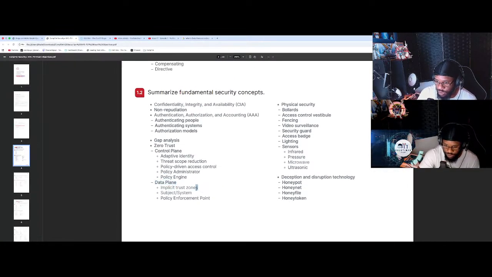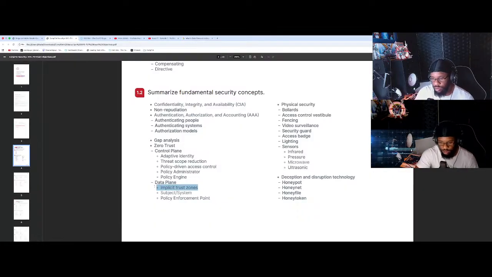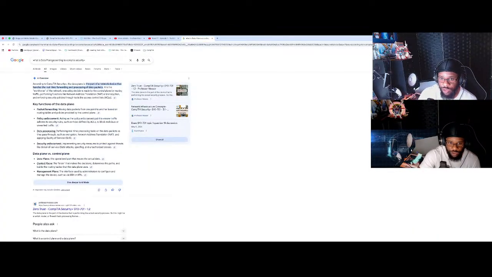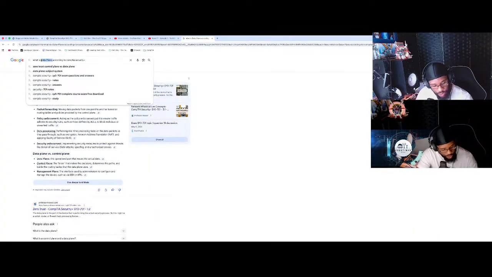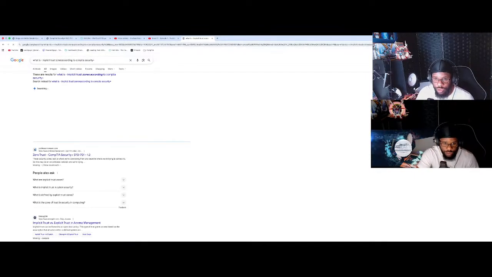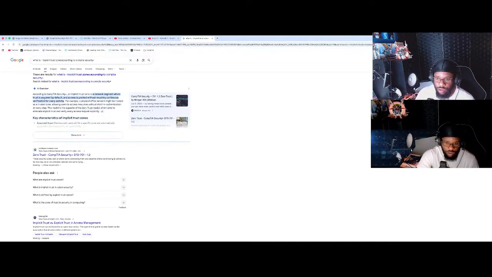All right, implicit trust zones, implied trust zone. Think about implicit, we think about implication, or implying something is trusted. So an implicit trust zone, according to CompTIA Security+, is a network segment where trust is assumed by default and access is granted without requiring continuous verification for every activity.